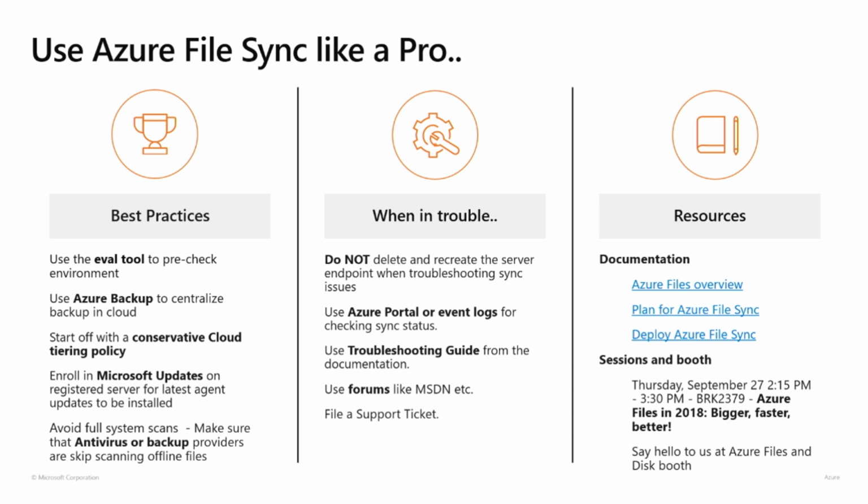If the provider, whether antivirus, backup, or any other provider, respects that particular attribute and skips those files, you'll be fine. But there are a list of providers which don't. So make sure you check the recommendation in our documentation on which providers we have checked that do the right thing of skipping the offline files and don't scan, so that you're not doing full system scans and bringing down all the data unnecessarily.